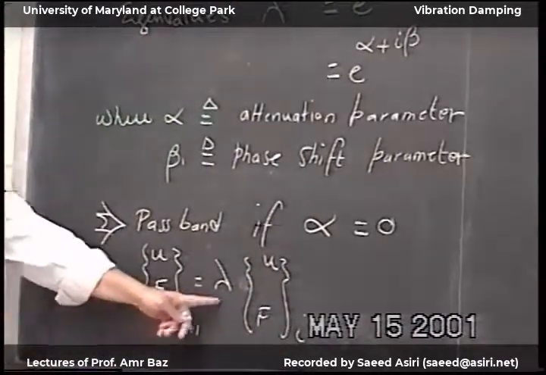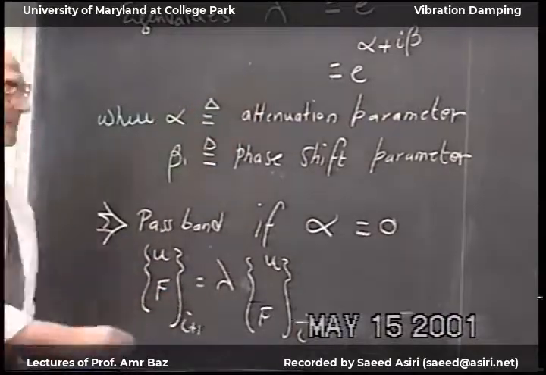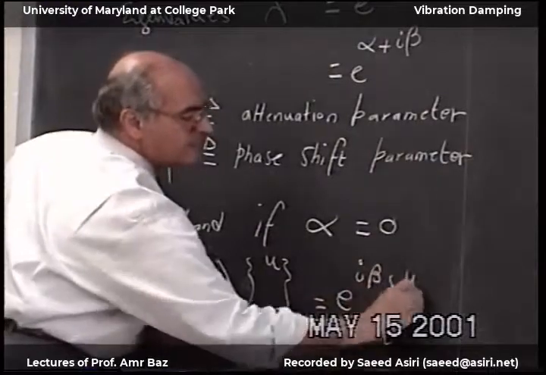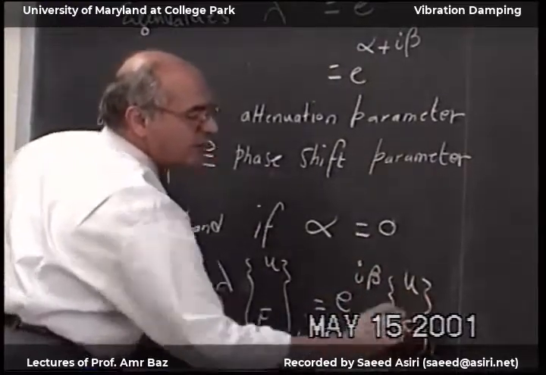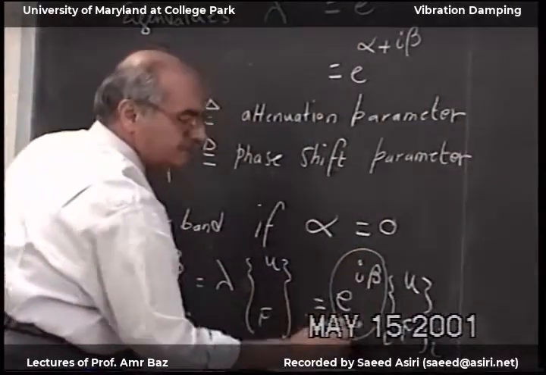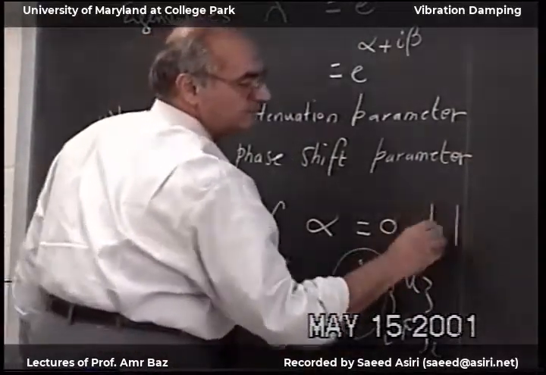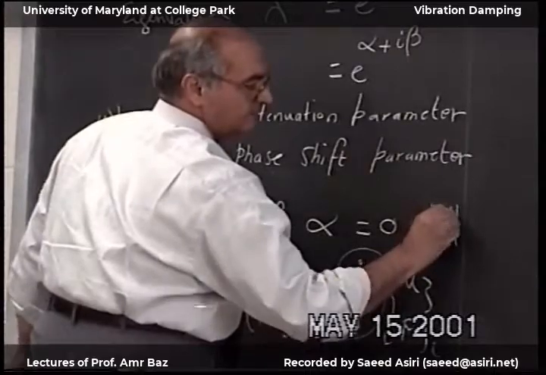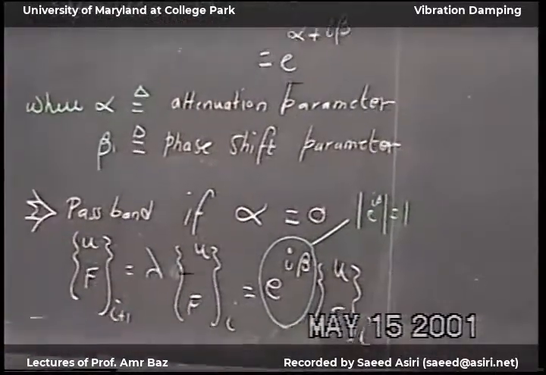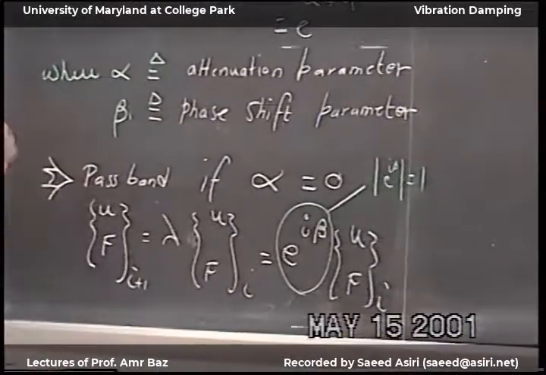And if I can write this in this form, then we have e to the I beta, u and f I, and the absolute value of this term is equal to 1. And then we will have stop band otherwise.